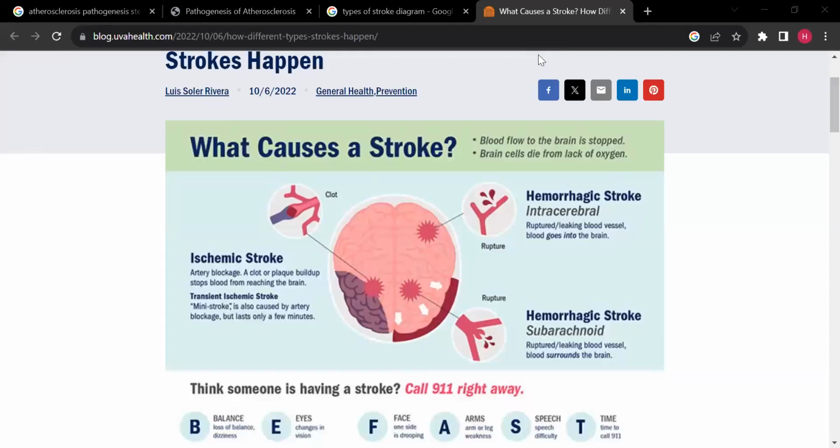Okay, so we start with stroke. I think stroke is essentially what we've described, the presence of those atherosclerotic plaques, but in this case they are on the carotid arteries, the blood supply to the brain.